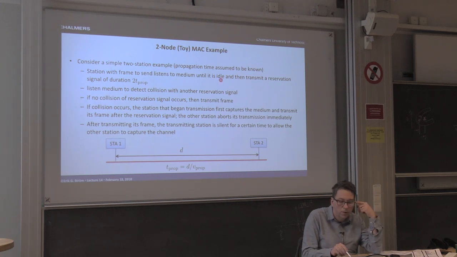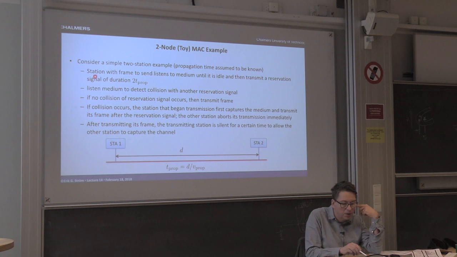When it's free, when this station cannot hear anything, it transmits a reservation signal to inform all other nodes on the cable that it's intending to transmit. That reservation signal, as we will see later on, has to have a certain duration, which in this case is 2 times the propagation time.